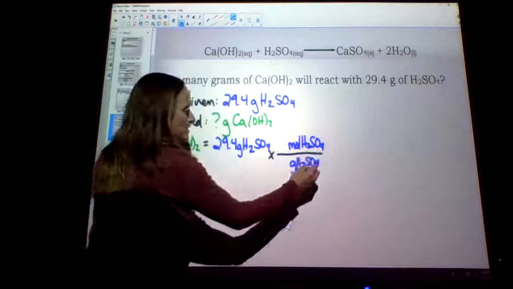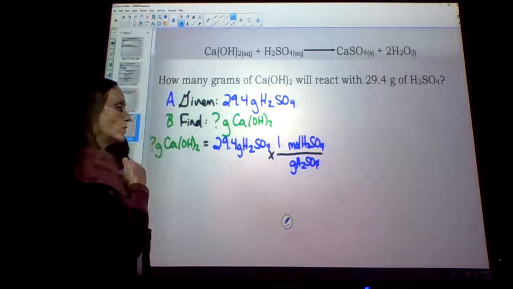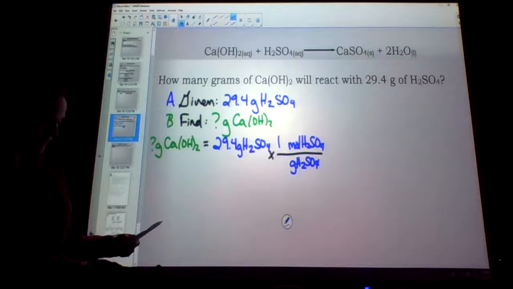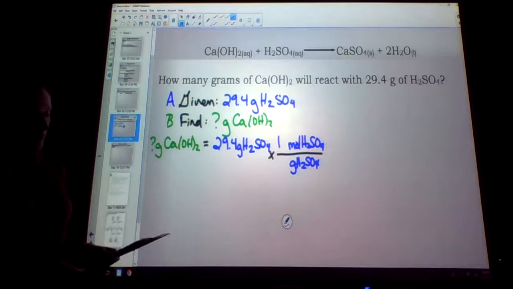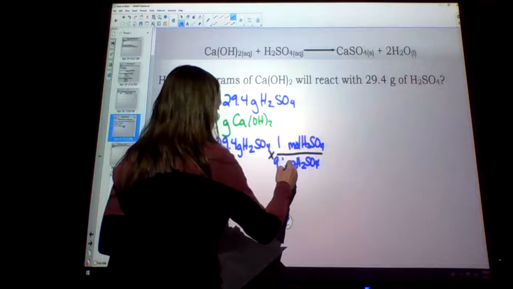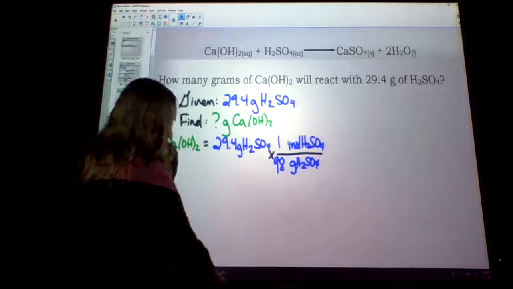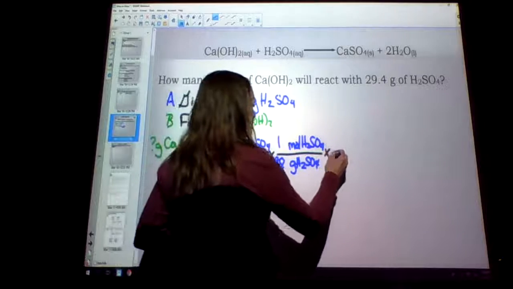Since the substances are the same in our equality, we put a 1 here for our number of moles. We go to our periodic table, and the mass of H2SO4, or sulfuric acid, is 98 grams. So now your grams of H2SO4 cancel out.